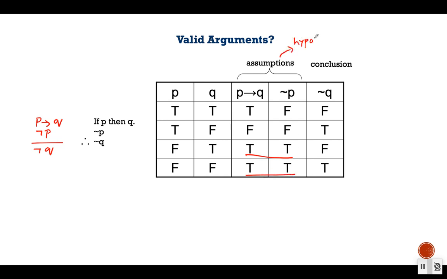For one case our conclusion is true, but we can see that there is one case when our conclusion is not true. That proves that our argument is not a valid argument.